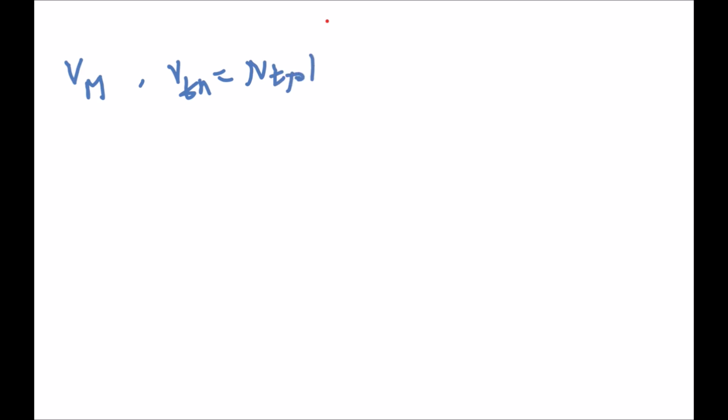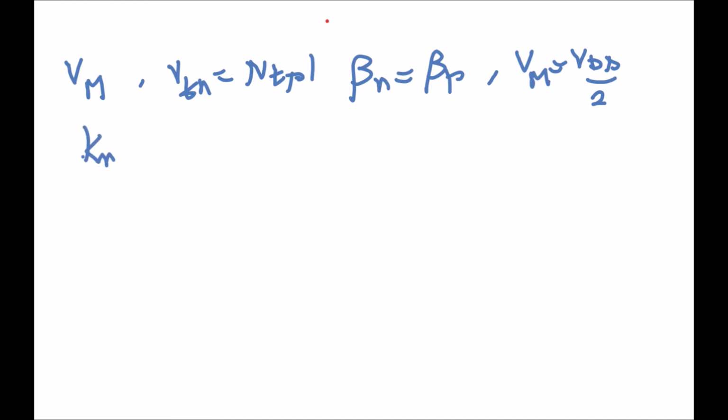We can see from this that if we make beta n equal to beta p, we have Vm equal to VDD over 2. Analog design speakers like me, I don't agree that Kn prime equals 2 Kp prime.